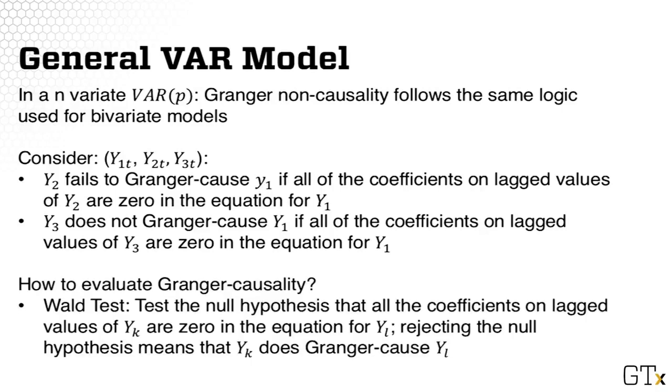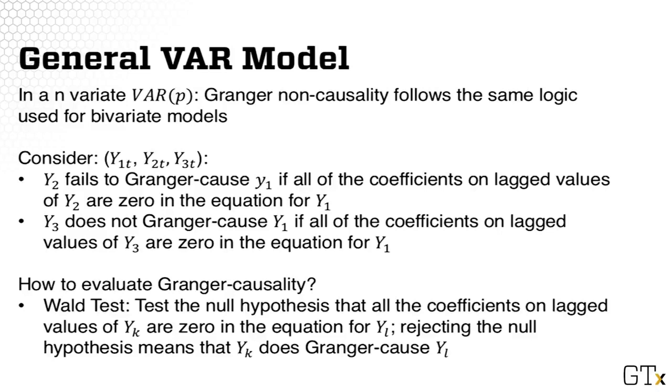How to evaluate Granger causality? We can use a hypothesis testing procedure where the null hypothesis is that the coefficients corresponding to the Granger causality are 0. For example, if we are interested to identify whether Y2 Granger causes Y1, the null hypothesis is that the coefficients on lagged values of Y2 are 0 in the equation for the time series Y1.